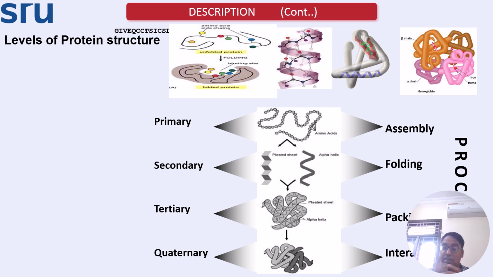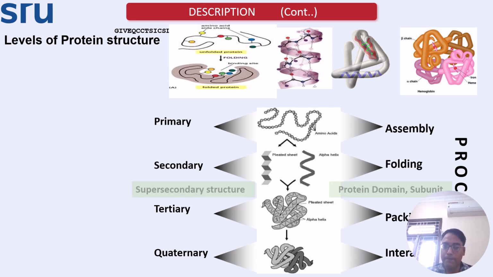Then the tertiary structure is related to packing, how the packing of different secondary structures gives rise to a specific tertiary structure, and how those tertiary structures interact together to form a compact unit that is termed quaternary structure. In between these there is a super secondary structure. You remember the Rossmann fold and other things.